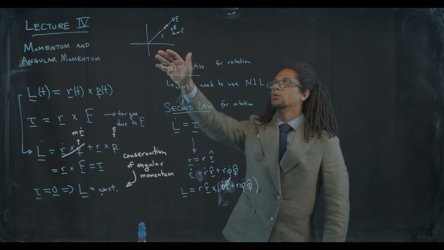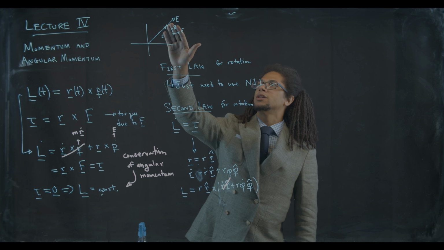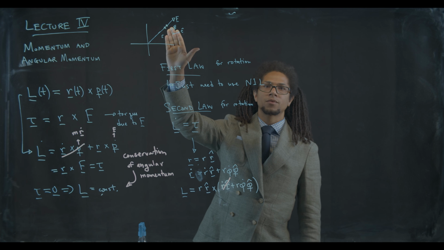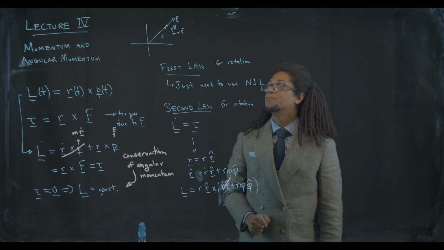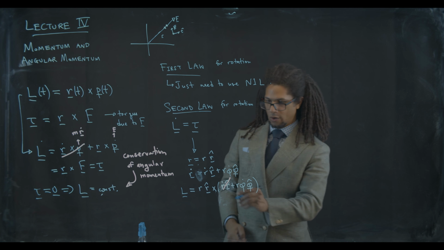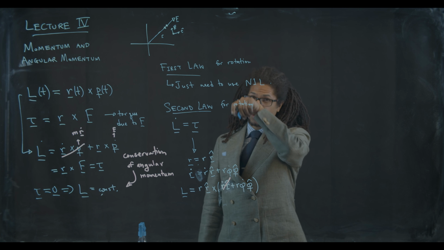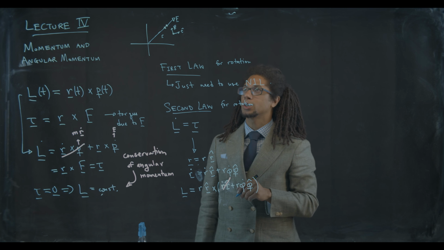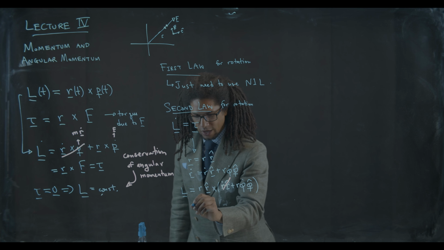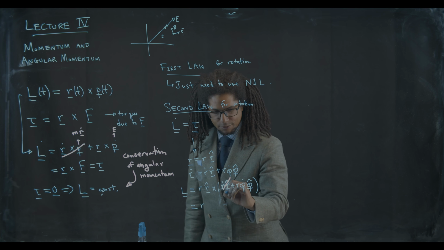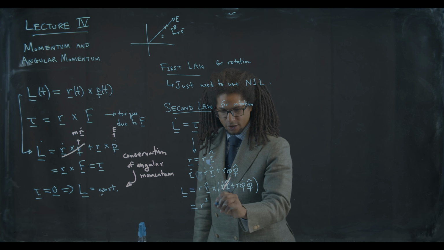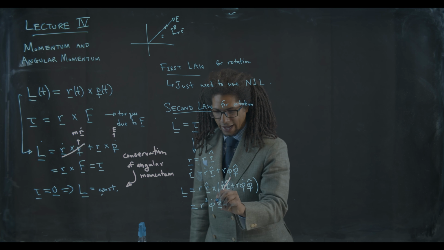Now, by the right-hand rule, I have r going in this direction and phi going this way. So z is going to be coming out of the light board. So my resultant vector is going to be in the z hat direction, coming out of the light board. So now I have r times another copy of r, so r squared phi dot z hat is L.